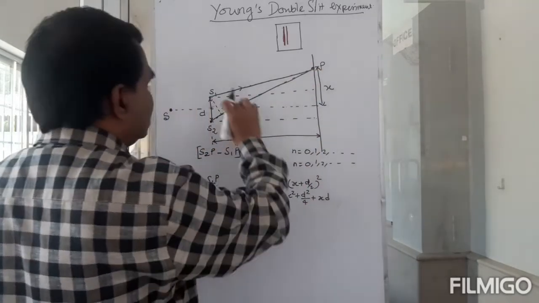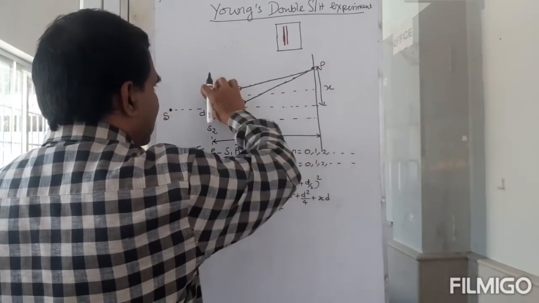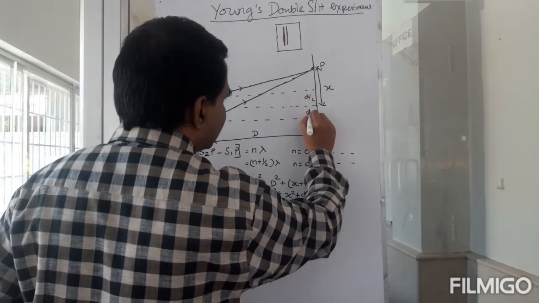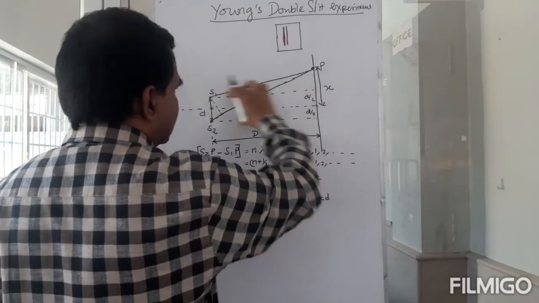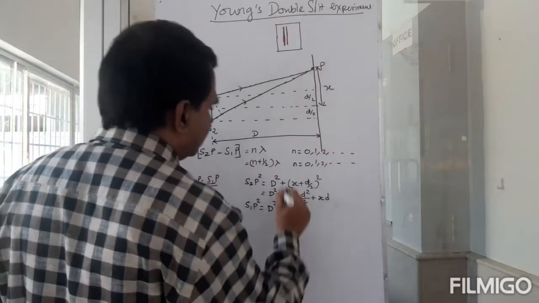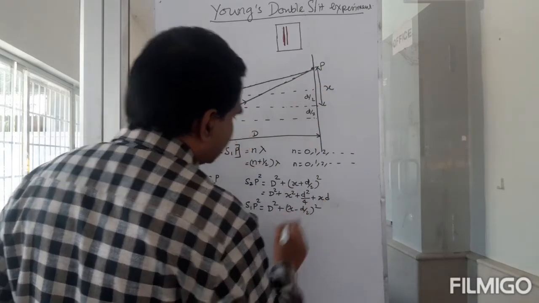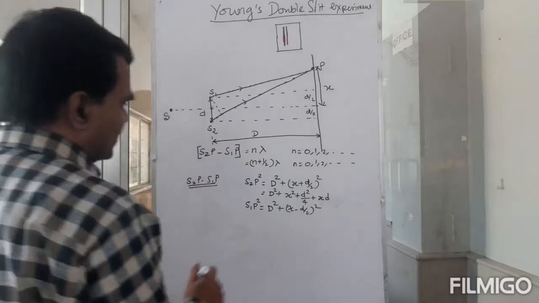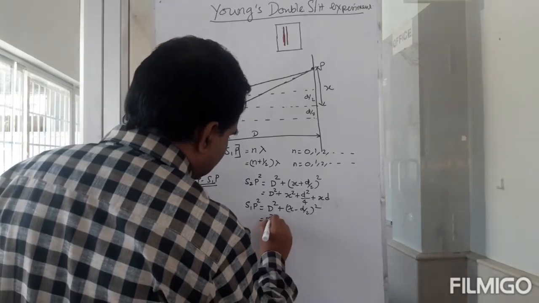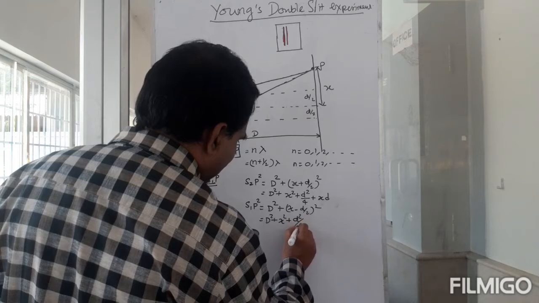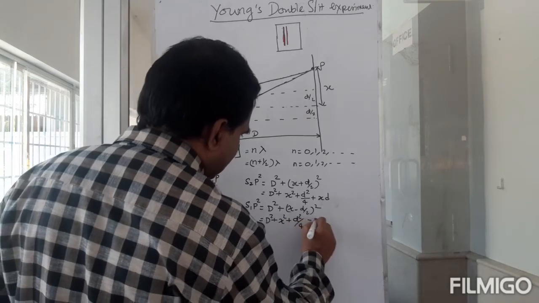This is x and this must be d by 2, and this is also d by 2, the total is d. So that would be (x minus d by 2) whole squared. So what I'm going to get here is D squared plus x squared plus d squared by 4, and now I get minus xd.